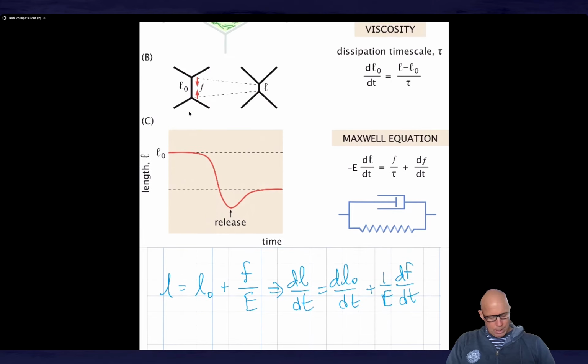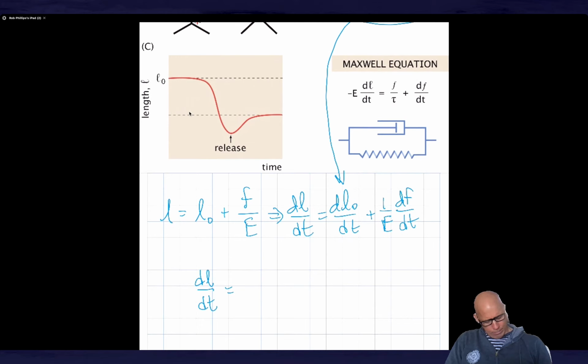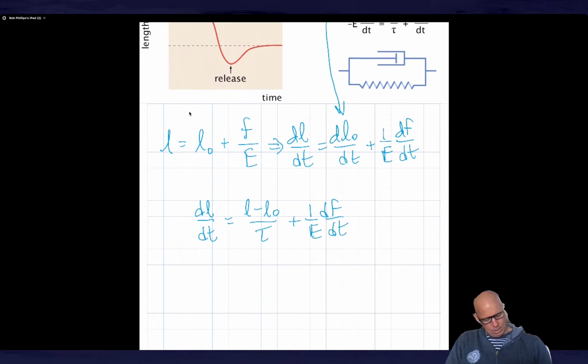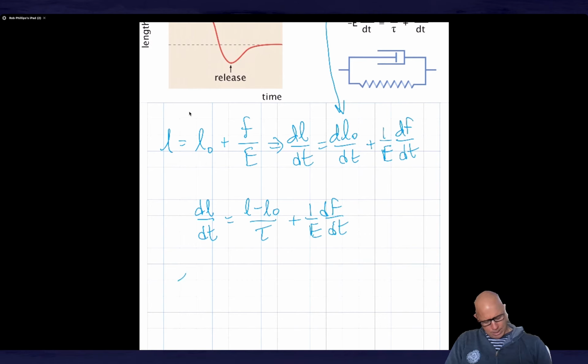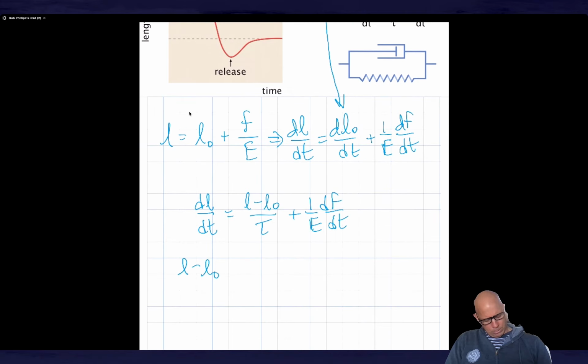Now, using the equation for dL0 by dt, I can plug that in down here, and what I will be left with is dL by dt is equal to L minus L0 over tau, plus 1 over E dF by dt. But now I recognize that L minus L0 is equal to minus F over E.